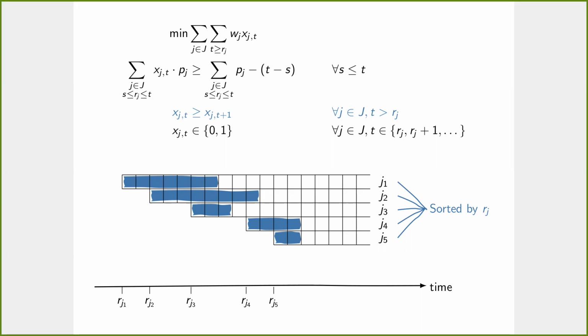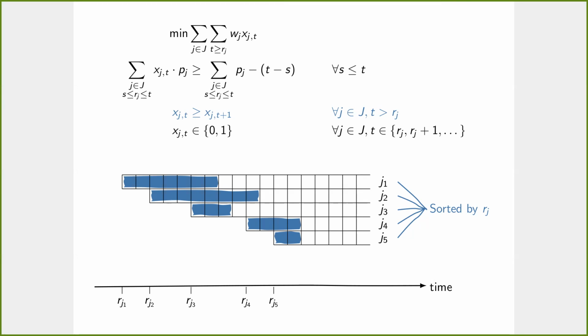So then the objective is just to minimize the sum over all jobs and all times of the weights times the variables which say if a job is still alive at a particular time. But if we had just this, then the integer program would not model the problem, because we could just finish all jobs immediately.